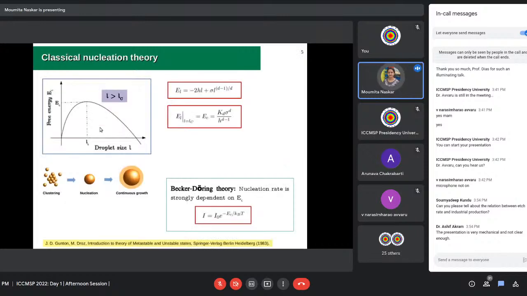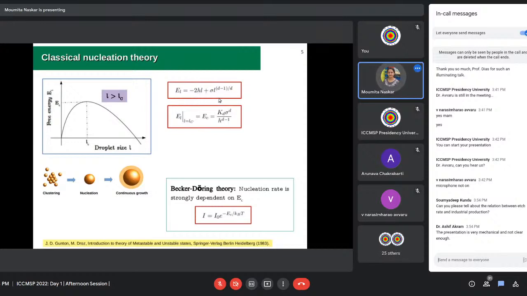Okay, so now how does this metastable state decay to the stable state? That is nicely explained by the classical nucleation theory, which assumes that the free energy for the formation of droplets of down spins in the sea of up spins is formed of two terms: the bulk energy term and the surface energy term.